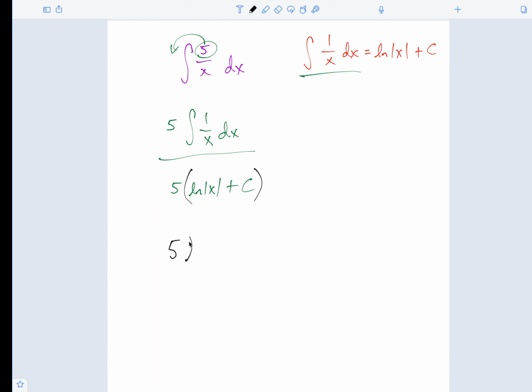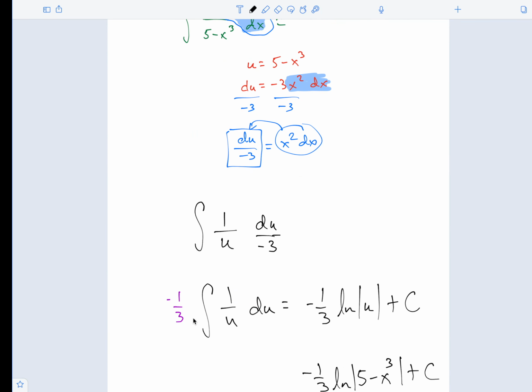The reason why it's okay to leave it as such is, remember, c can be anything. So here, this is like a c1, so this becomes 5 times c1, which we then can rewrite as just a general c. And I'm applying the same idea on this one.